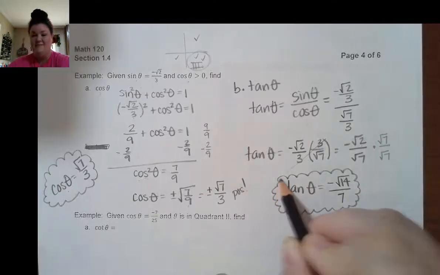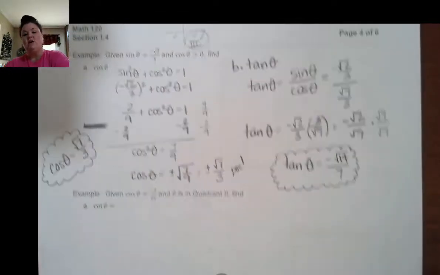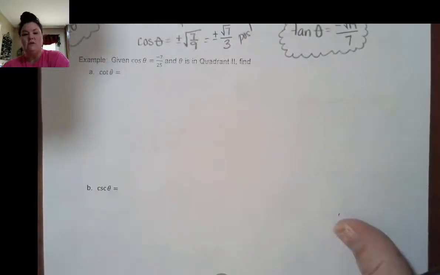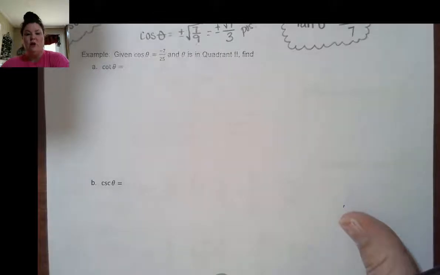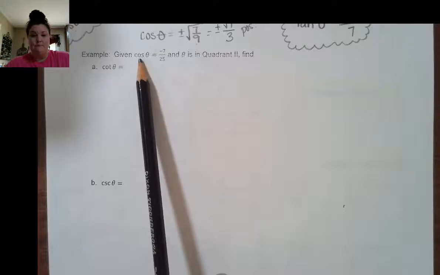Okay? We kind of okay with how we're using these properties? Okay. So I want y'all to go ahead and pause the video and just give it a go. See if you can figure out for the next two problems, part A and part B, which identities to use to solve for this. So in this one, it's giving you cosine, and you're looking for cotangent.